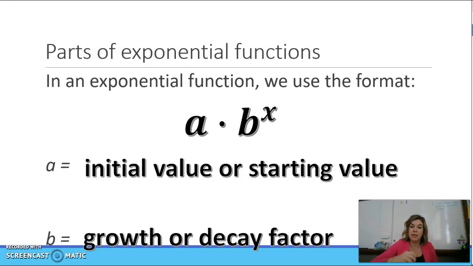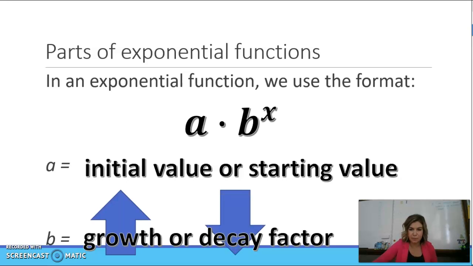B is going to be how our function is changing, our growth factor or our decay factor. If our exponential function is growing, if it's getting larger, we would say that it has a growth factor. And if our function is getting smaller, there would be a decay factor.